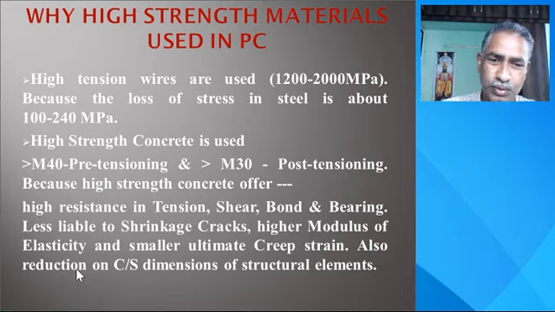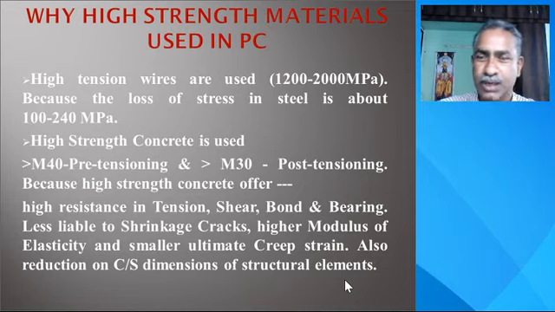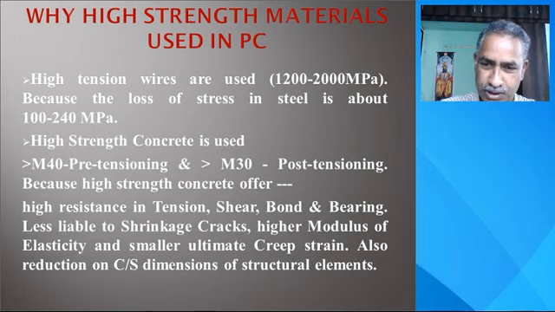It also reduces the cross-sectional dimension of the structural elements. That means from the economy point of view, we can use high strength concrete as well as high strength steel.